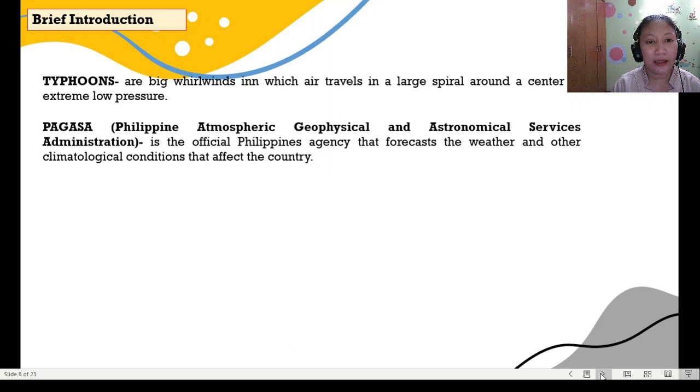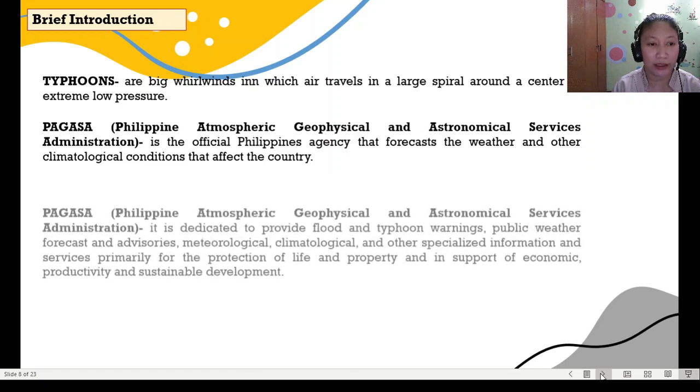Our official Philippine agency that governs these weather disturbances is PAG-ASA, which stands for Philippine Atmospheric, Geophysical, and Astronomical Services Administration. They forecast our weather and other climatological conditions that affect the country.